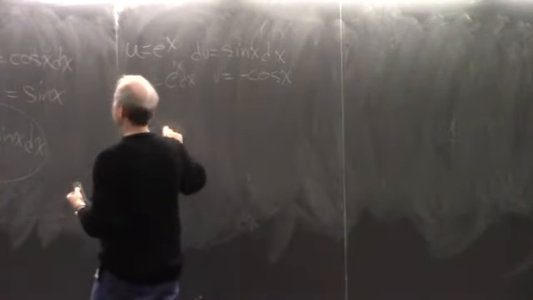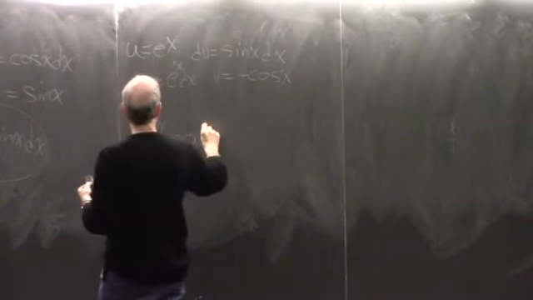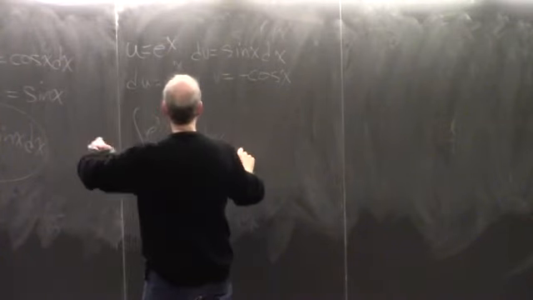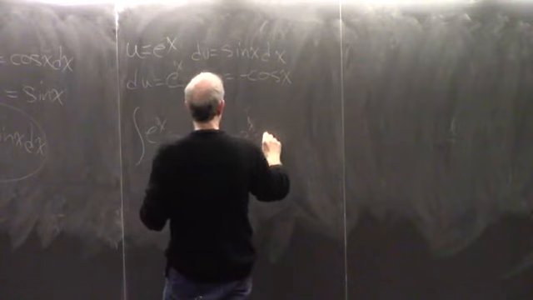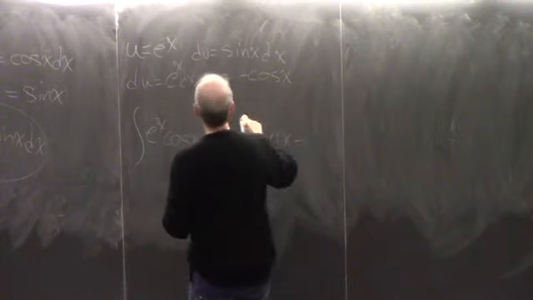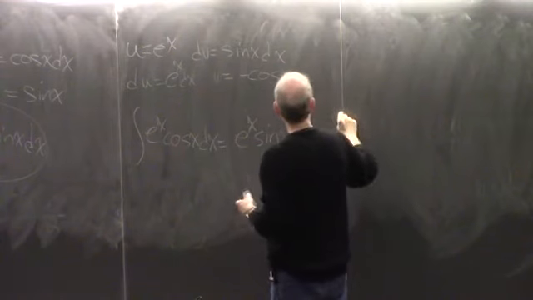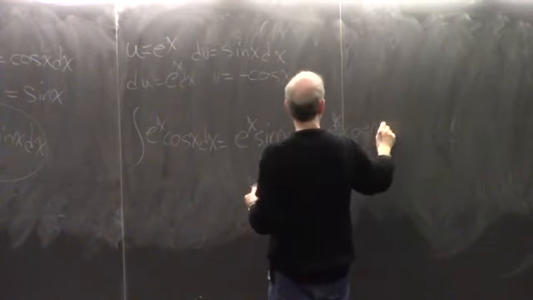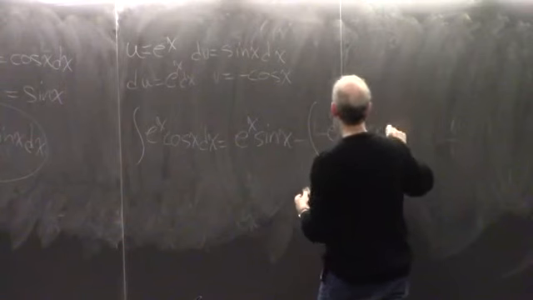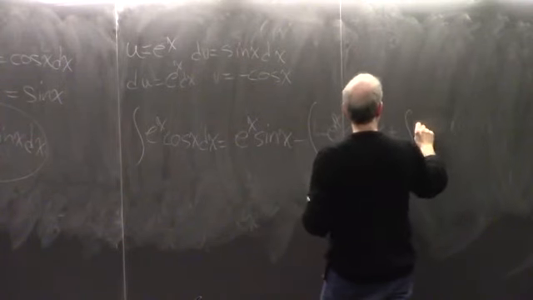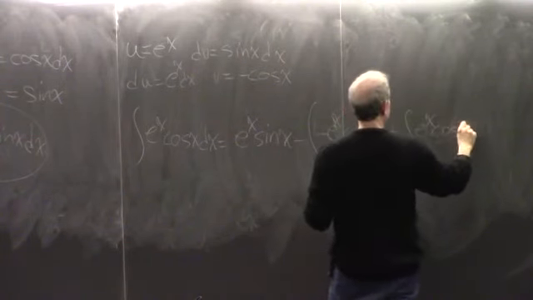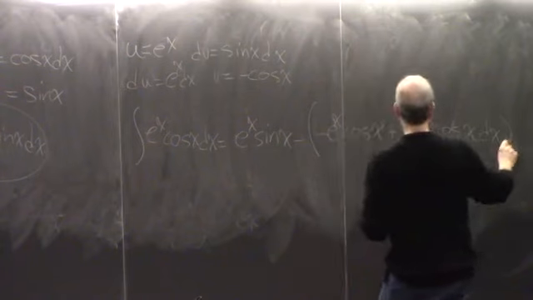So I'm going to take this integral. My original integral was e to the x cosine x dx, and that equals e to the x sine x minus, now use the formula, minus e to the x cosine x, minus minus is plus, the integral of e to the x cosine x dx.